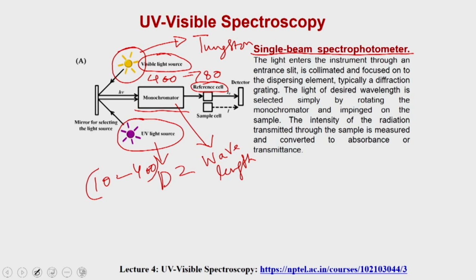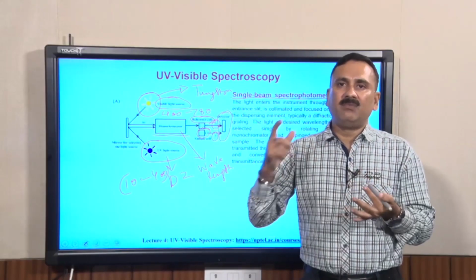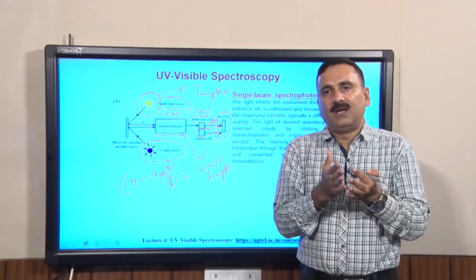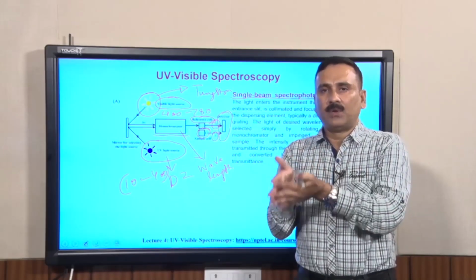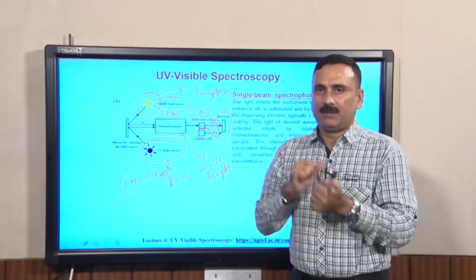You can have the reference cell as well as the sample cell, and then you have the detector. The detector tells you what the intensity of I is and what the intensity of I0 is. Using those two, you can tell how much light is being absorbed by the sample.